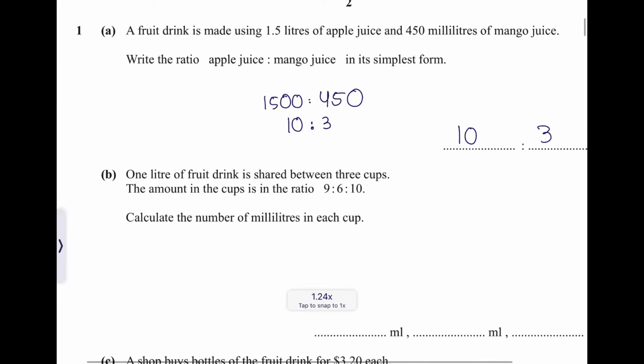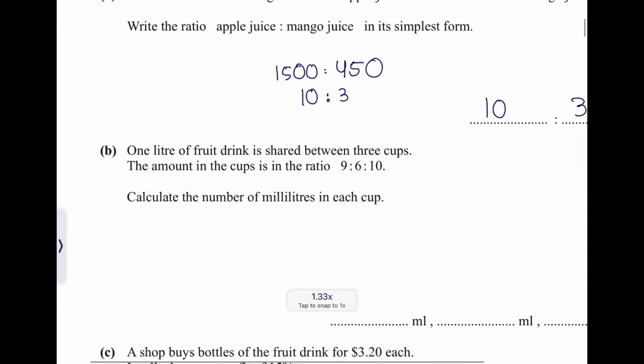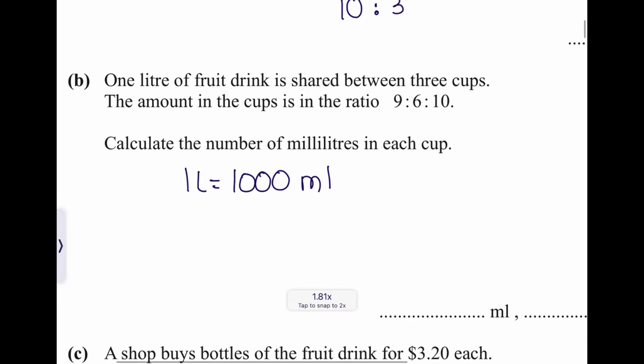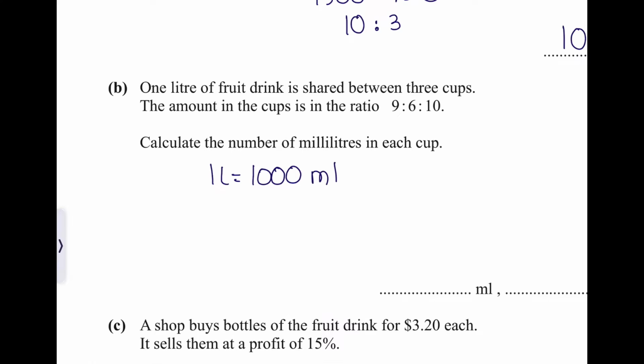Now it says that 1 liter of fruit drink is shared between 3 cups. The amount in these cups is in the ratio 9 is to 6 is to 10. Calculate the number of milliliters in each cup. Since the answer is in milliliters, first, 1 liter is 1000 ml. Then I need to see the total proportions: 9 plus 6 plus 10 is equal to 25.